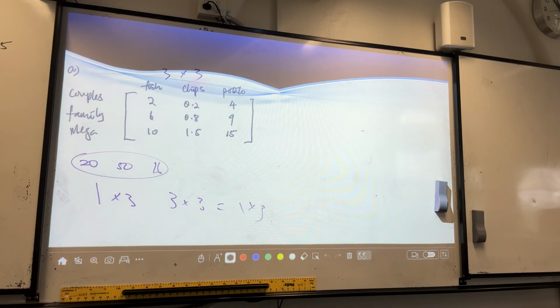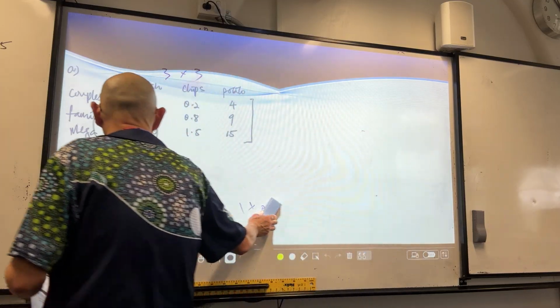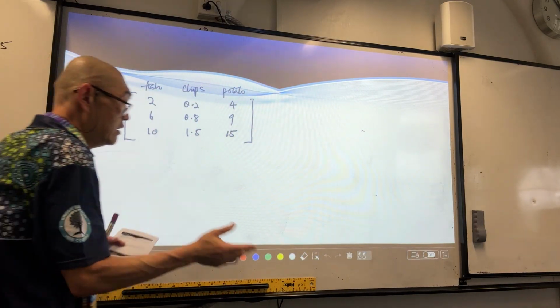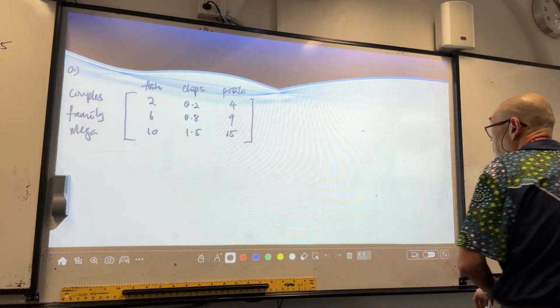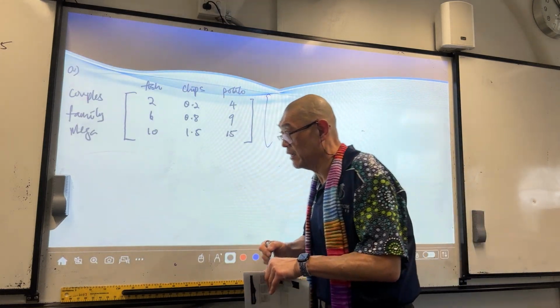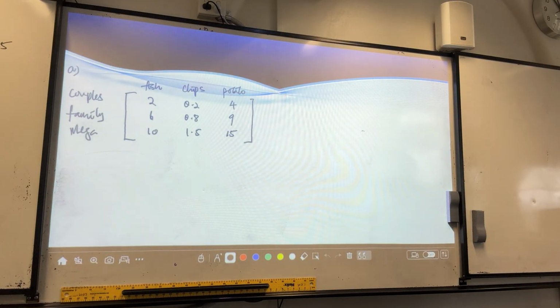Yeah? You can also post multiply, but with a column matrix. You can, if you want, 3 by 1 or 1 by 3. Either way. Yep, you can post multiply it with a column matrix, that's fine. Either way, as long as you can determine the number of chips.